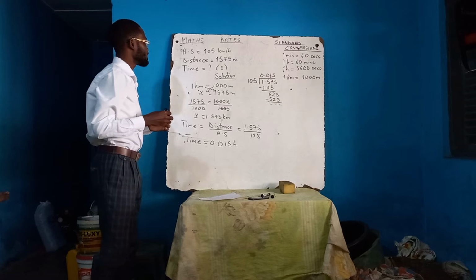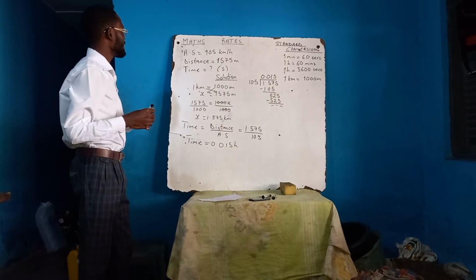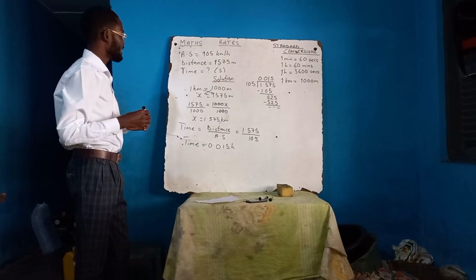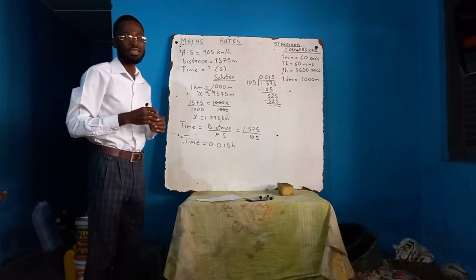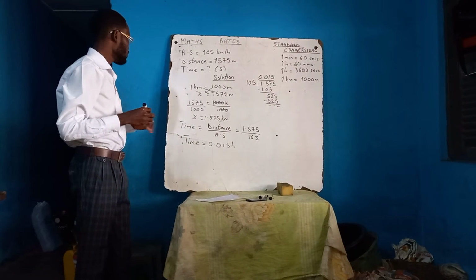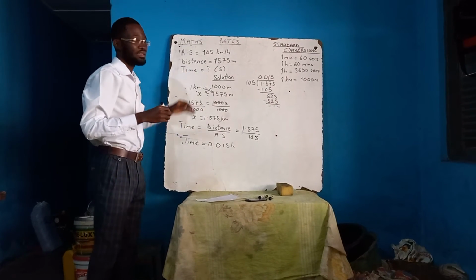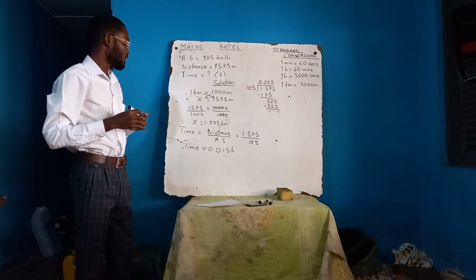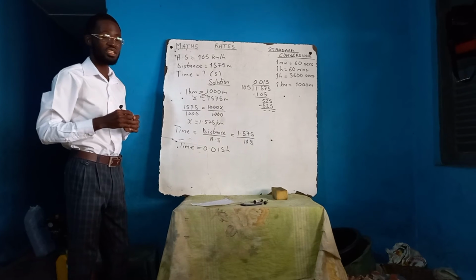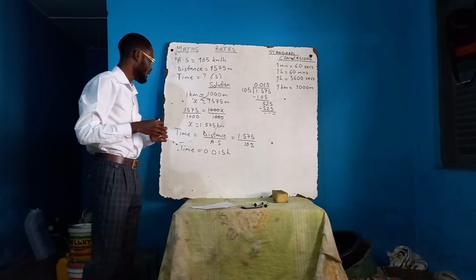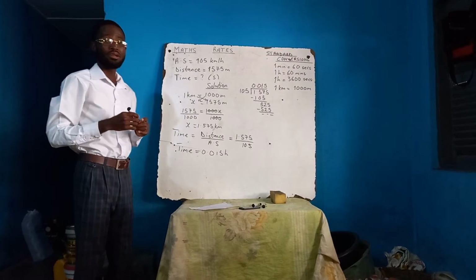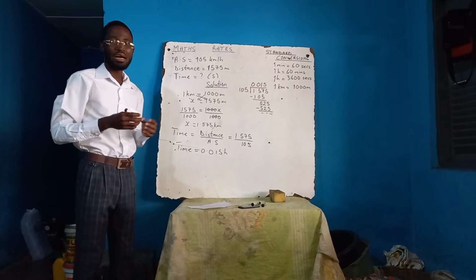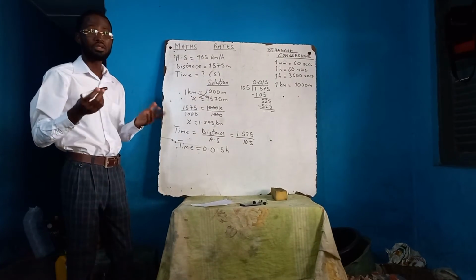0.015 hours. That is, kilometers cancels kilometers, and then we have hours standing alone. So by the demand of our time, we are supposed to leave our answer in seconds. And for that matter, we ought to change the unit of our time. So we are again going to manipulate our conversions, this time around time.